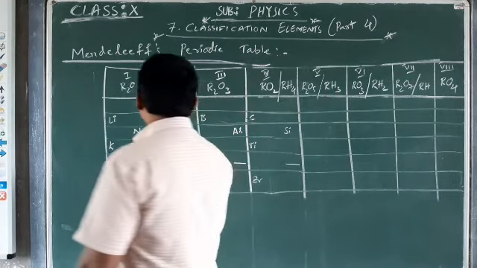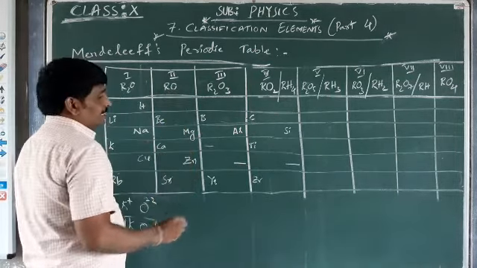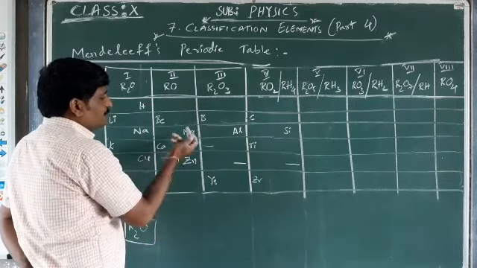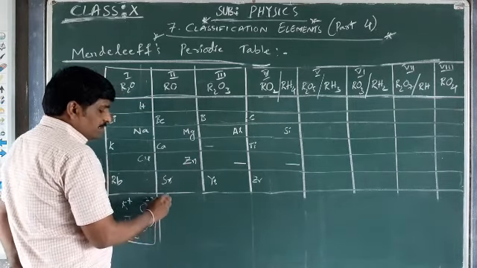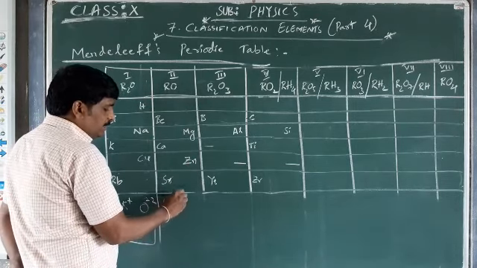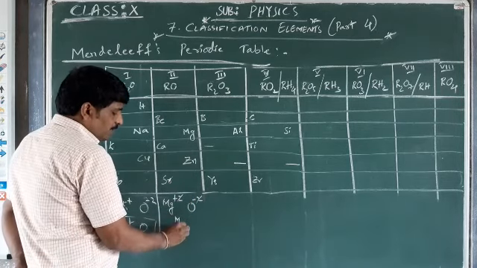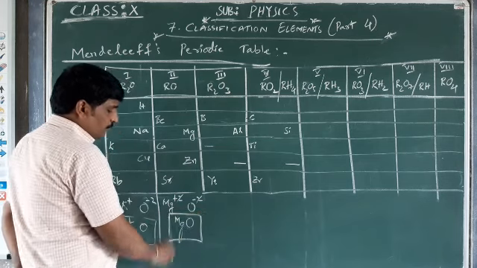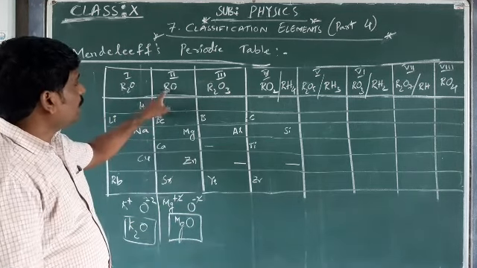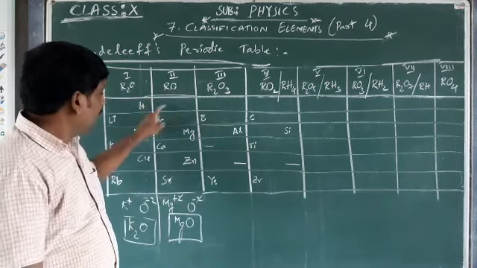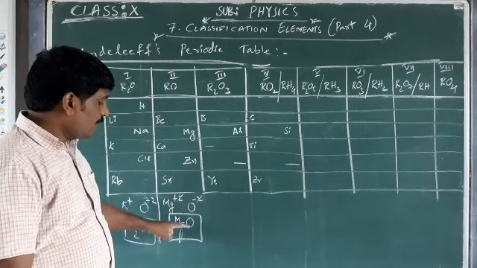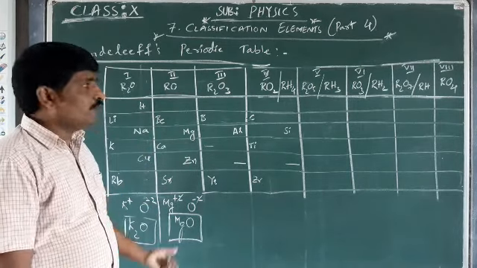For example, consider the second group, that is magnesium. Magnesium's ionic charge is Mg+2, oxygen is -2. The 2s get cancelled, and crisscrossing we get MgO. R represents the elements present in the group, so RO, the MgO form.